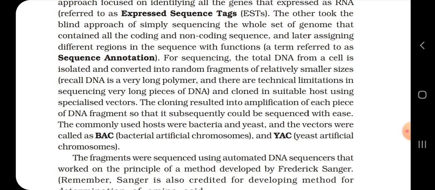These sequences later were arranged on the basis of certain overlapping regions which were present in them, and specialized computer based programs were developed for the alignment of the sequences, as it was not actually possible by people. Okay, now these sequences were annotated, that means sequenced, and assigned to the respective chromosomes.